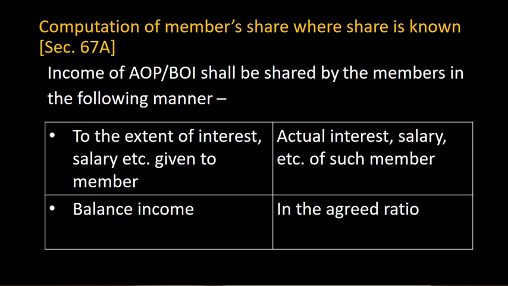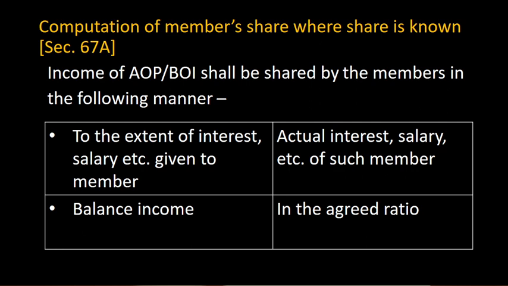Now comes the balance income. Now what is balance income? Here students get confused, so I want to give full clarity about what the balance income is. Whatever AOP's income is there, from AOP's income I will tell you what to do.